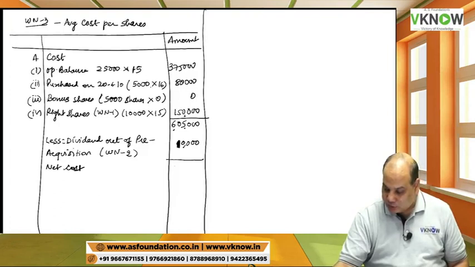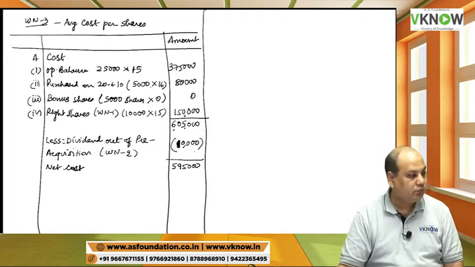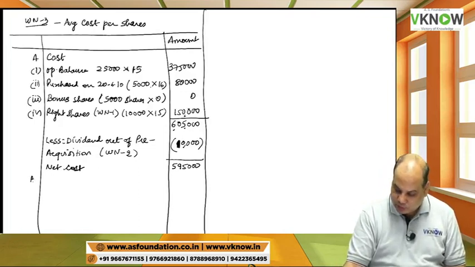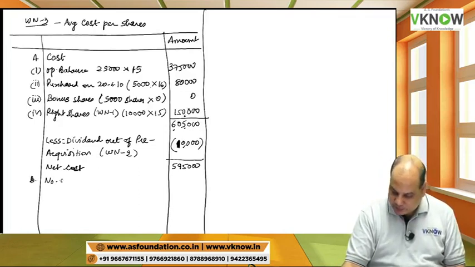So tell me net cost, 5,95,000. Noted? And point number B is number of shares.